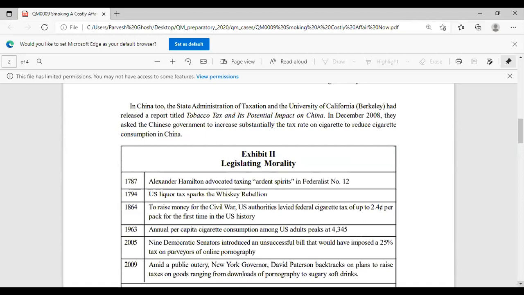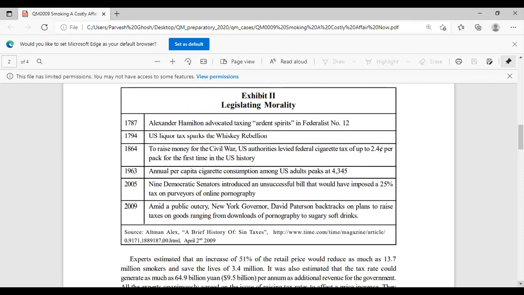In December 2008, they asked the Chinese government to substantially increase the tax rate on cigarettes to reduce cigarette consumption in China. So please read this Exhibit 2. Please, all of you have a read.